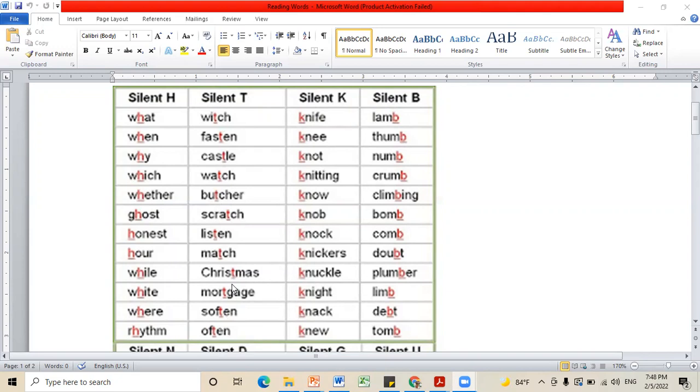When we read, we do not pronounce this T. So I will read the list of words so that you can listen carefully and afterwards repeat, right? Which, fasten, castle, watch, butcher, scratch, listen, match, Christmas, mortgage, soften, often.